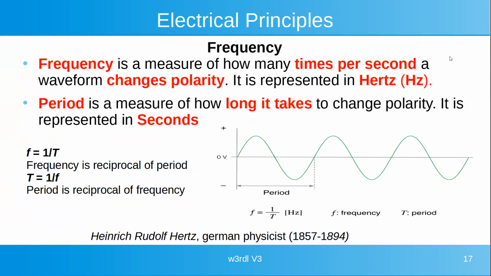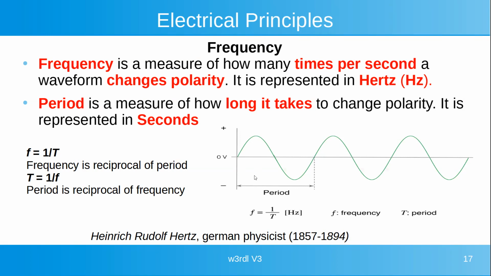Okay, the other thing when we talk about AC is frequency. And that's just a measure of how many times per second it changes polarity. And we call that a cycle. And also a period if we measure it in seconds, which is the time it takes, where frequency is how many times it does it per second.